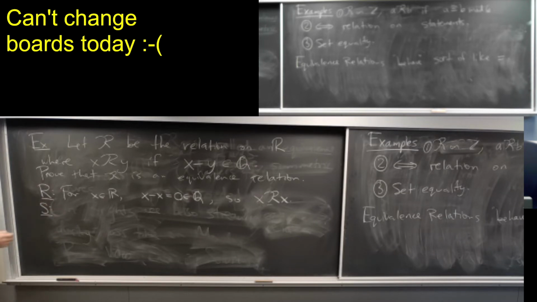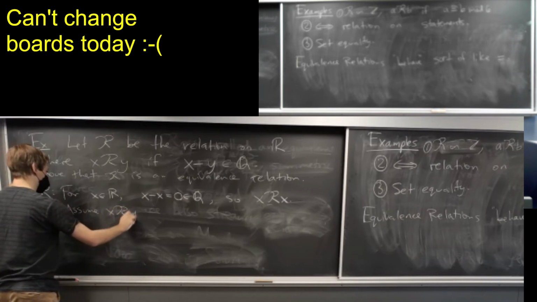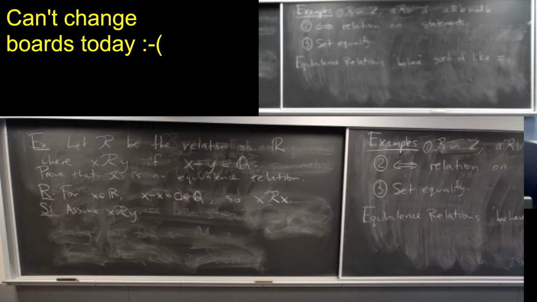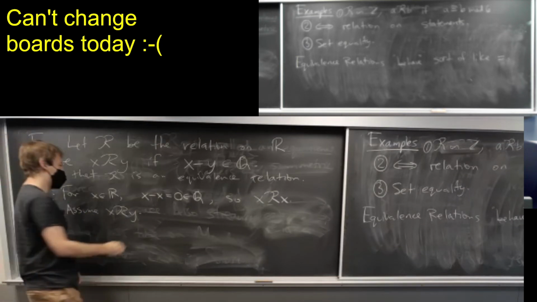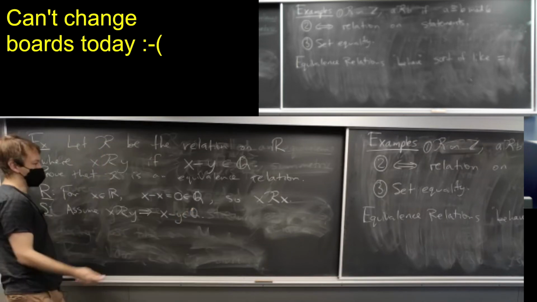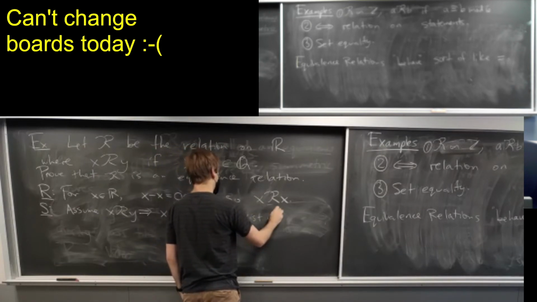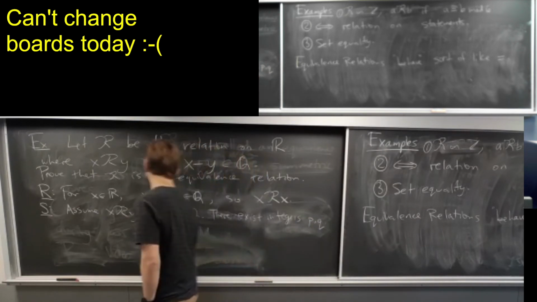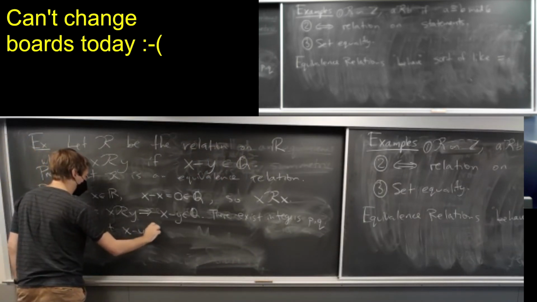For symmetric, what we're going to do is assume that x is related to y, and we want to prove the opposite, that y is related to x. That's how symmetry works. You want to prove that if this is true, then you can switch places and it's still true. So x related to y implies that x minus y is rational, which means that there exist integers, let's say p and q, such that x minus y is p over q.